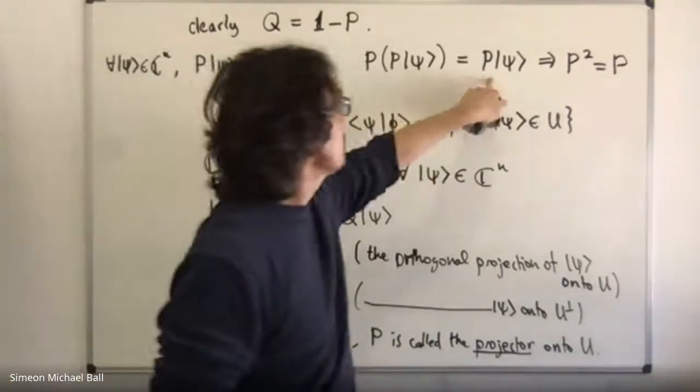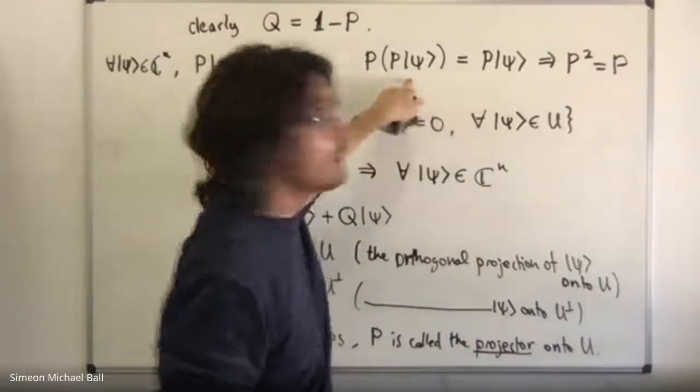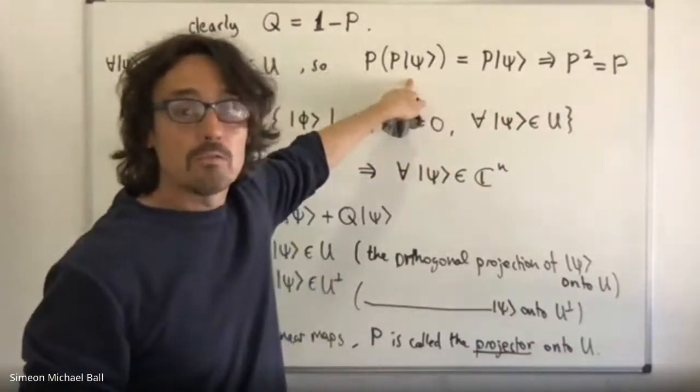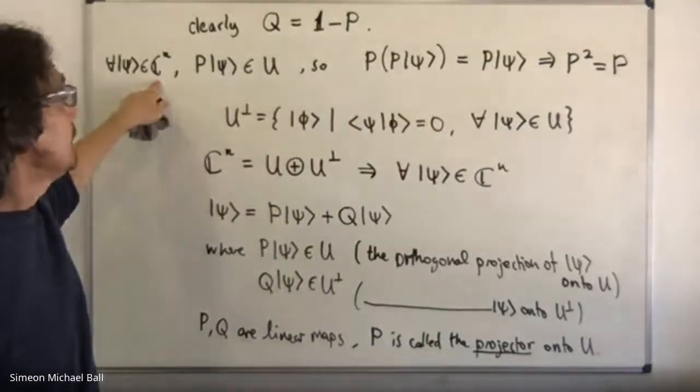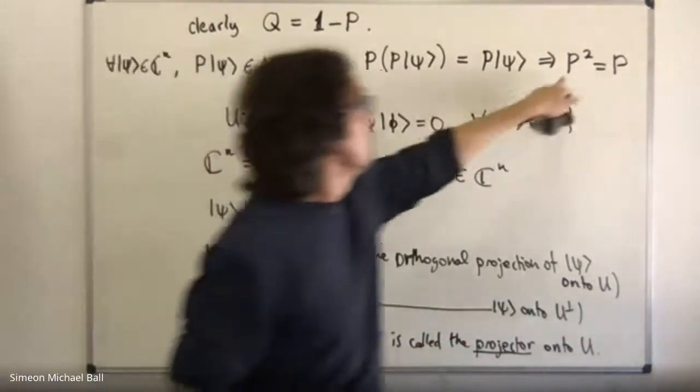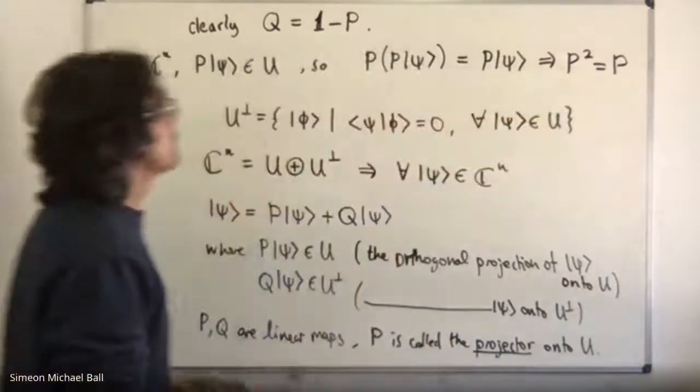Then P squared minus P applied to phi is always zero for all the elements in the complex space, and therefore P squared is equal to P.